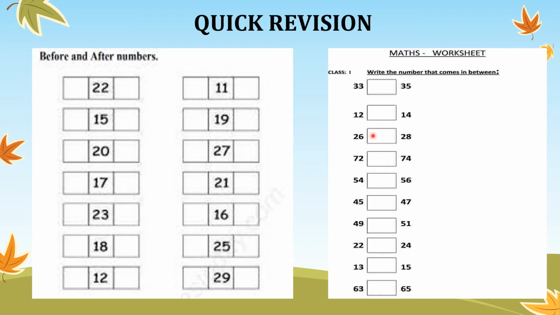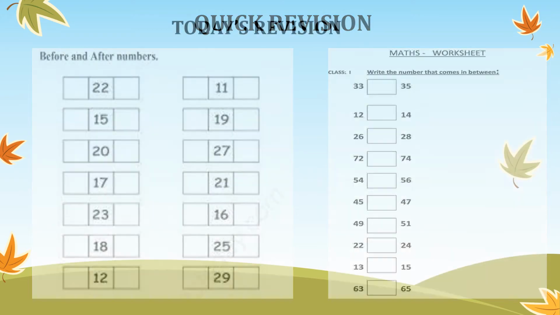So we will have 13 here as our answer. So I hope this is now clear to you, and we did it in our previous class. If you want more explanation and deep meaning of before, after and between, you can visit yesterday's class or yesterday's video.